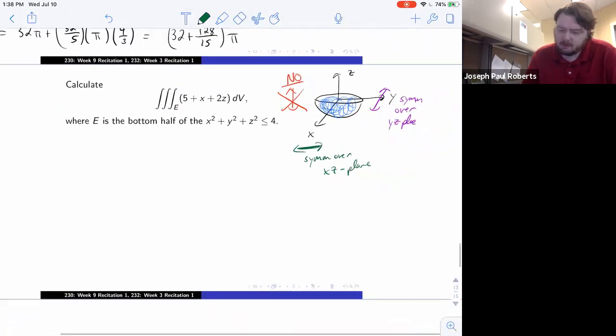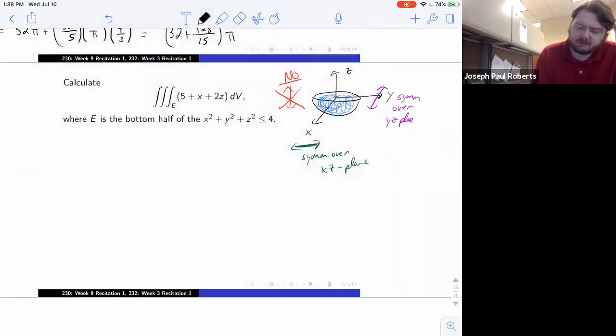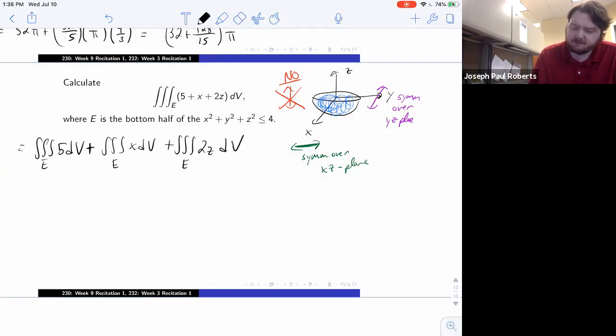So anyway, I could get started the same way as last time. It's the triple integral of 5 plus the triple integral of x plus the triple integral of 2z. x is odd in x.